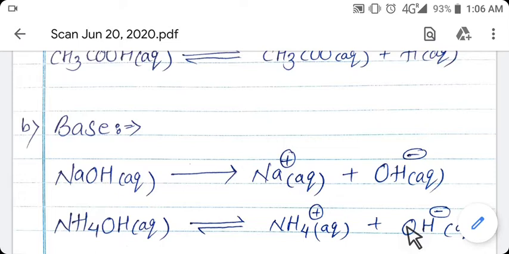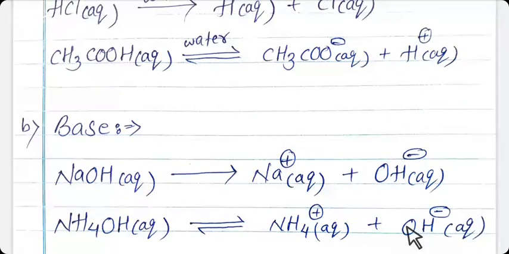Both are bases. One is a strong base, sodium hydroxide, and another is a weak base, ammonium hydroxide. They give hydroxide ion, meaning OH minus ion, in their aqueous solution. So according to Arrhenius, both are bases.